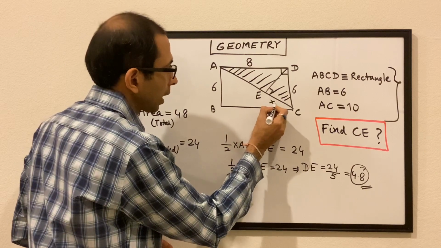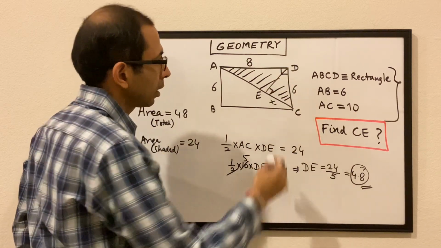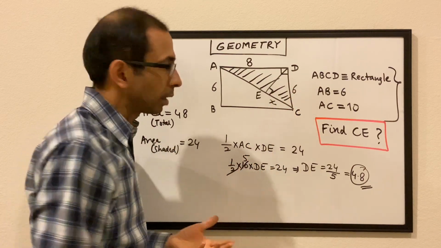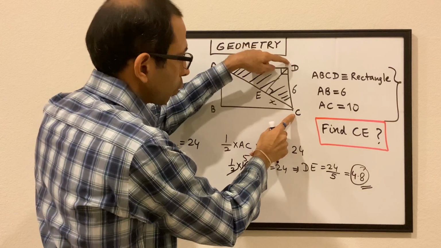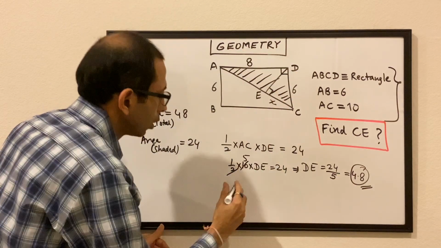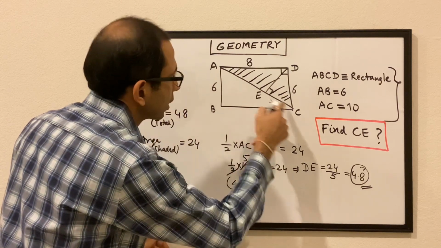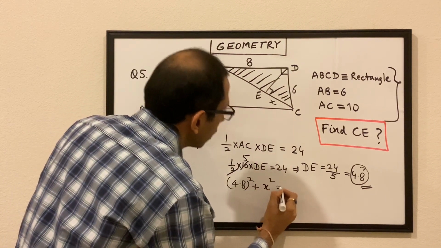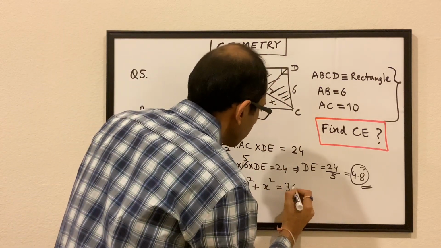Let this be X. We can consider this as another triangle, again a right angle triangle, and we can use Pythagoras theorem again there for this small triangle. Square of this plus the square of this is equal to square of this. We just found that length of DE is 4.8. So 4.8 square plus x square is equal to hypotenuse square, which is 6 times 6 is 36.